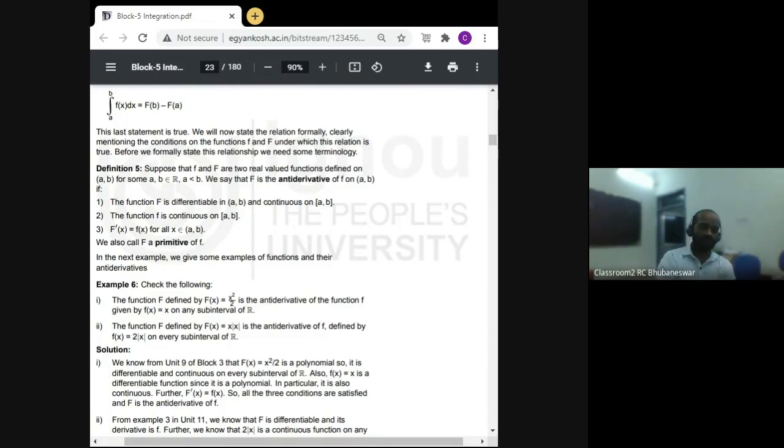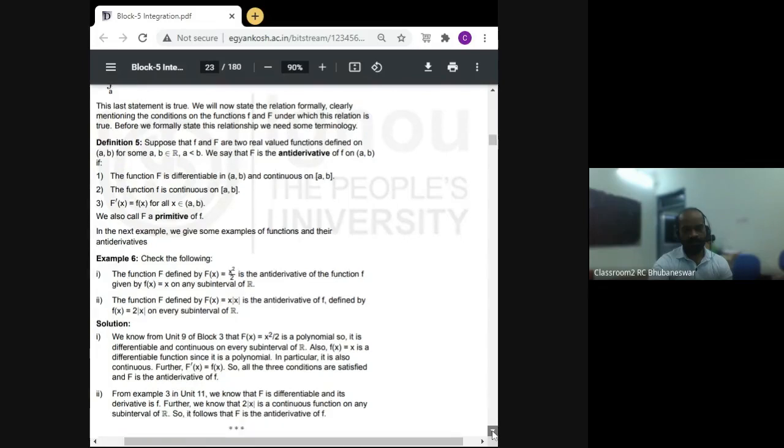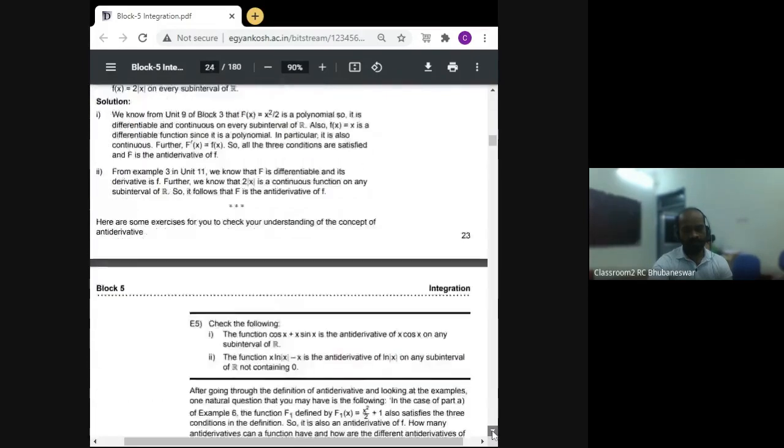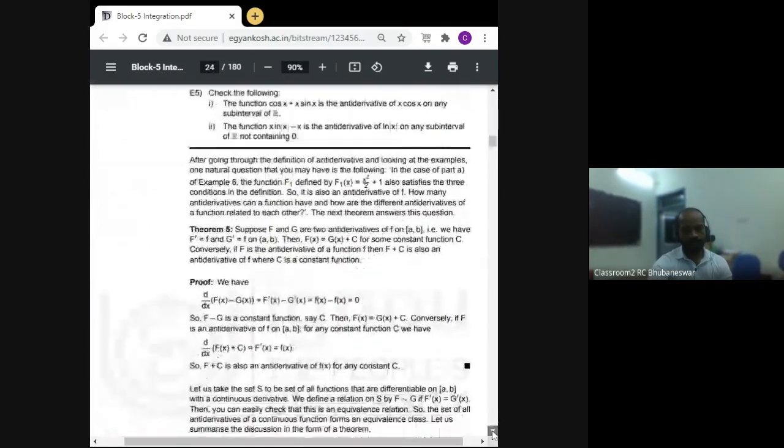Whenever these conditions are satisfied, you can say that capital F is the primitive of small f. This is the definition of primitive and antiderivative of a function with respect to an interval [a, b].